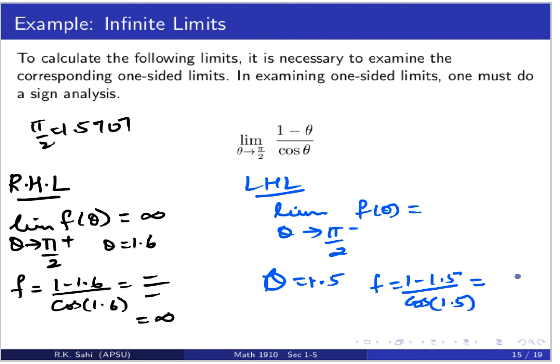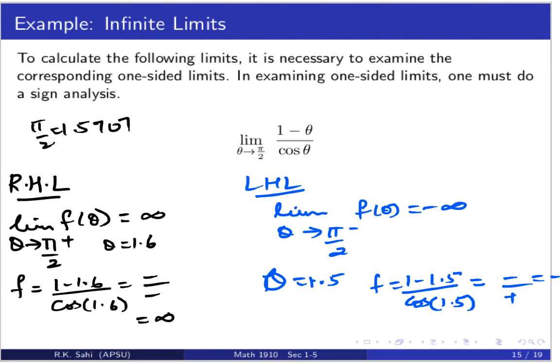You will have a negative over a positive, so you will have negative. So the answer is negative infinity. Okay, that's how you use sign analysis, even applying it to trigonometric functions, to find their limits.